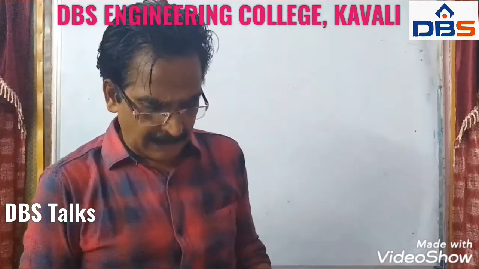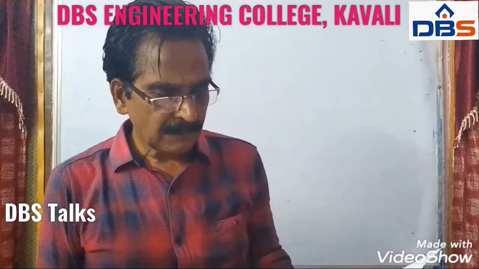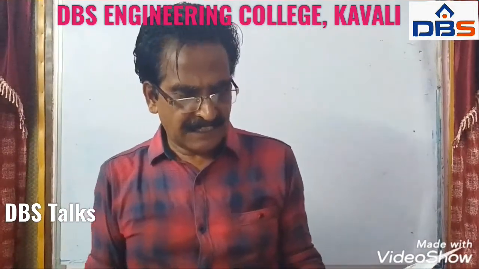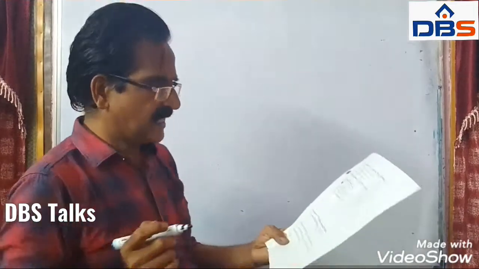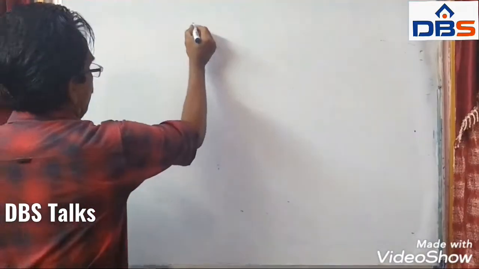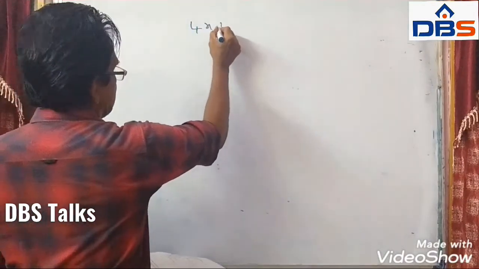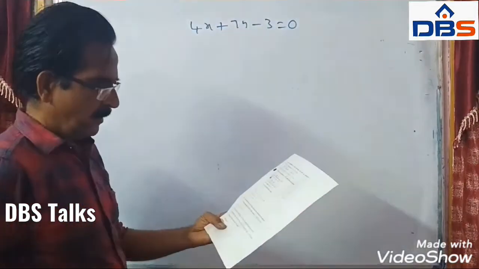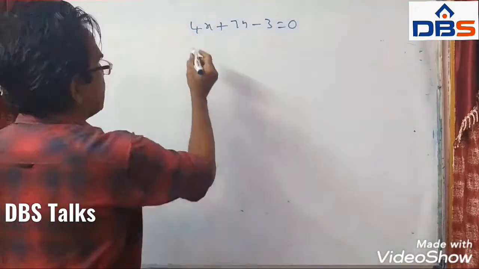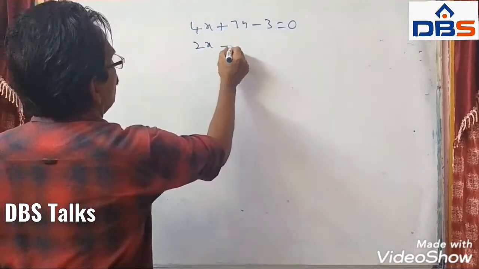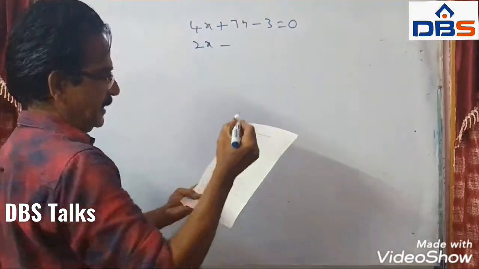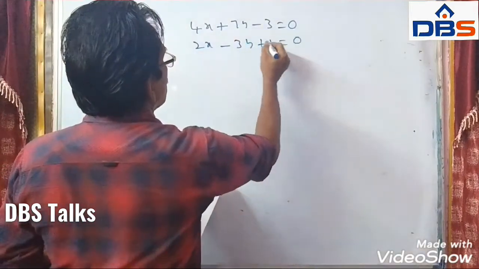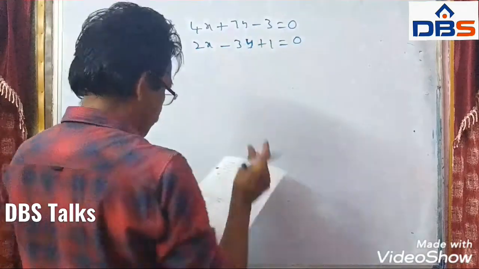Friends, same thing, this is also the equation of a line passing through the point of intersection of the lines 4x plus 7y minus 3 is equal to 0, and 2x minus 3y plus 1 is equal to 0.